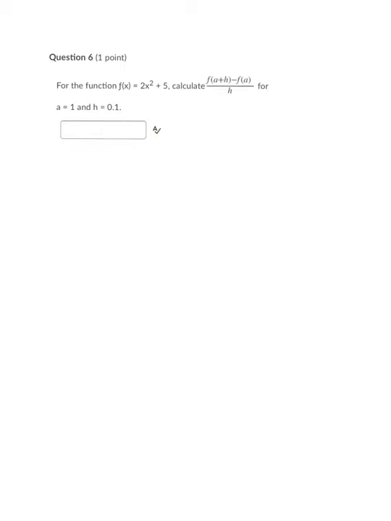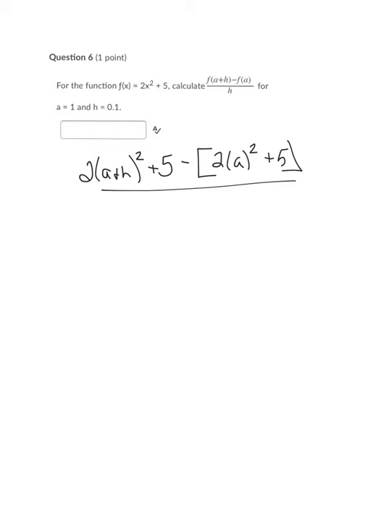For question 6, we do have a couple of options. The first option would be to multiply this through. So we are going to be doing f of a plus h subtract my f of a divided by h. I would FOIL this a plus h out.